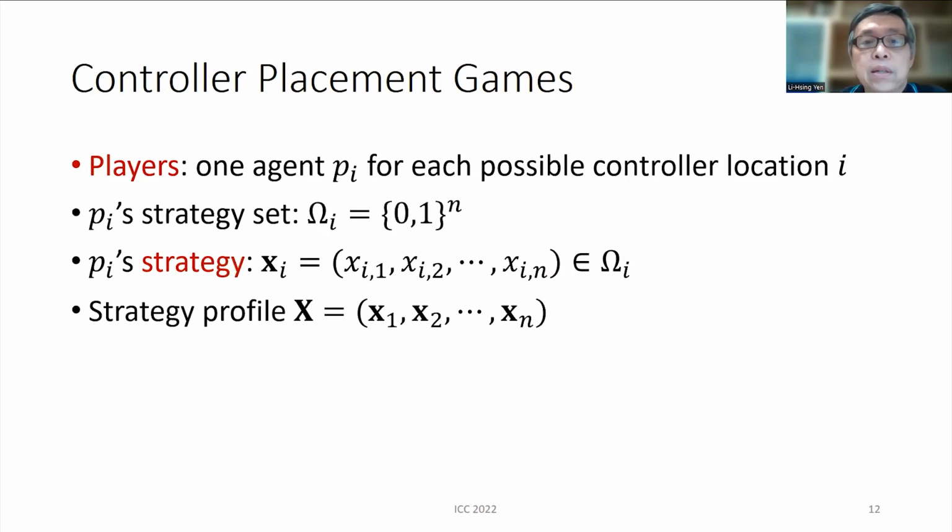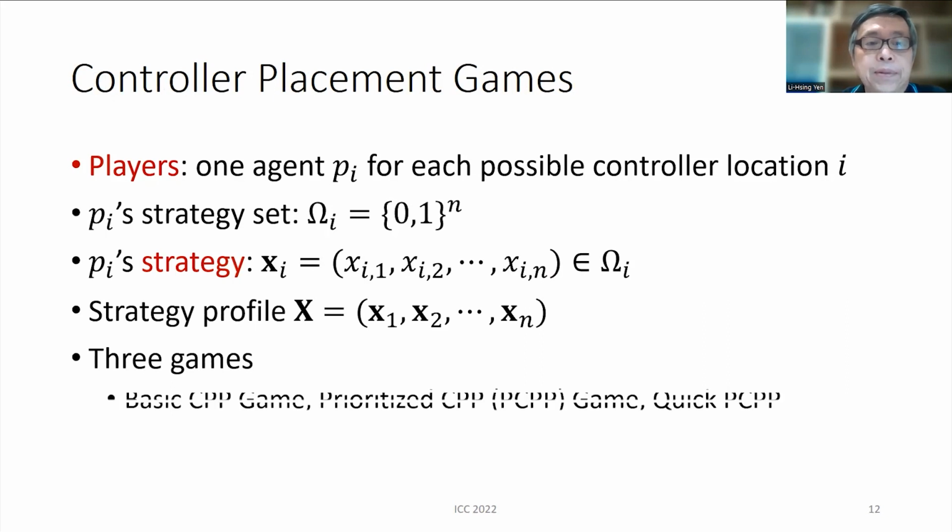A strategy profile is a collection of all agents' decisions, a tuple X. Based on that, we define three games: the basic CPP game, the prioritized CPP game or PCPP game, and the quick PCPP game.